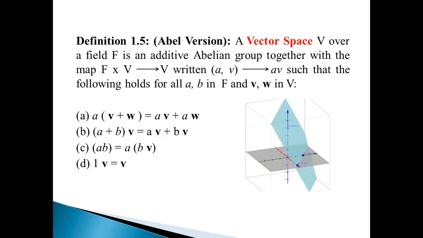A vector space V over the field F is an additive abelian group, together with a map such that the following holds for scalars a, b in F and the vectors v, w in V. So instead of having 10 axioms to be satisfied, the definition of a vector space can be compressed by assuming an abelian group first, and then you just have to show that 4 conditions hold.